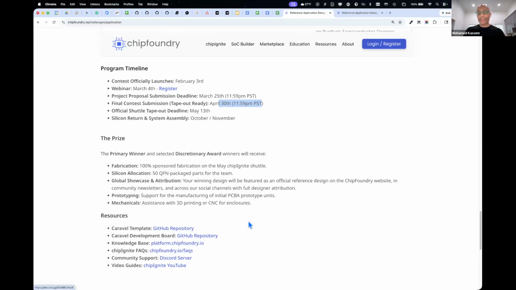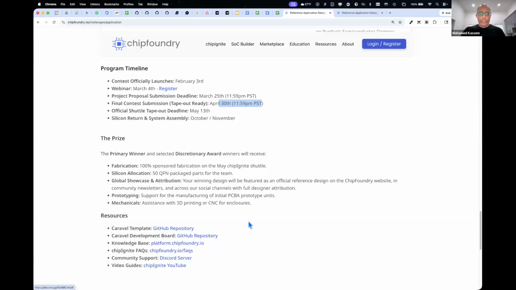Other than the silicon and the fabrication, this is one aspect of that. You're going to get your design fabricated and the hardware completed, but also visibility and recognition that these designs can be utilized in real applications and other people can use them.